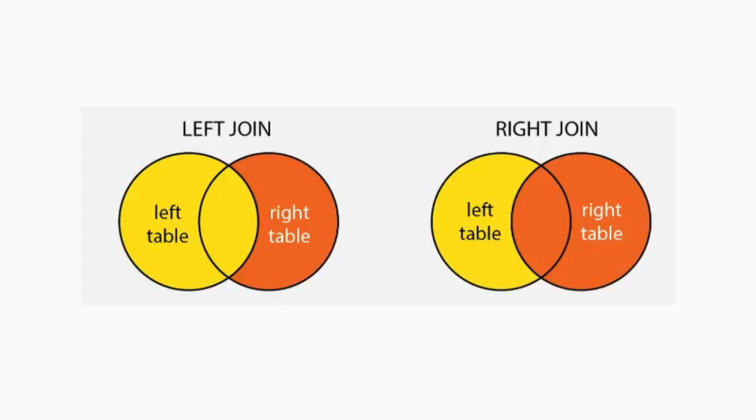And with that out of the way, let's start talking SQL joins. All right, so here we have an example of a left join and a right join. Let's pretend that each one of these circles represents two tables of data. So let's call the yellow one customers and the orange one orders.